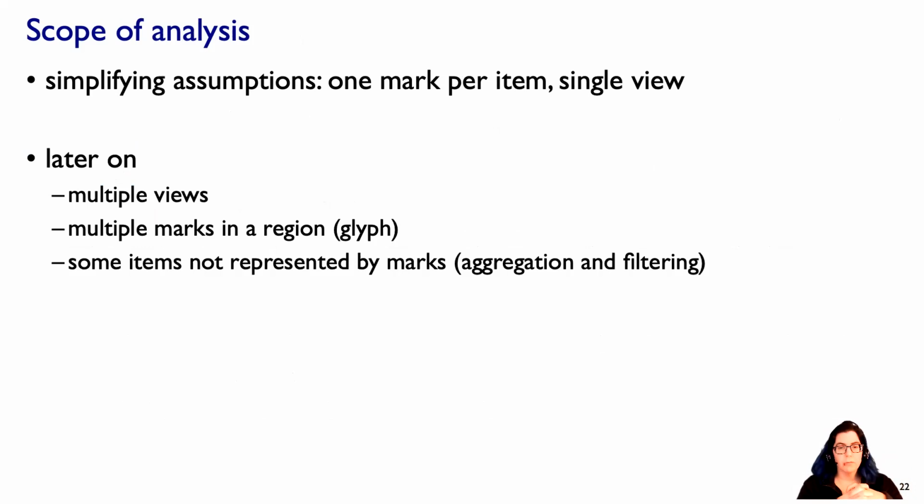But for now, we're just thinking of a world where there's one mark per item or per link. And so we'll think about multiple marks in something we'll call a glyph, or the idea that maybe some items don't even have a mark once we get to things like aggregation and filtering. But that's for later classes. Right now, we're thinking about the relatively simple case.